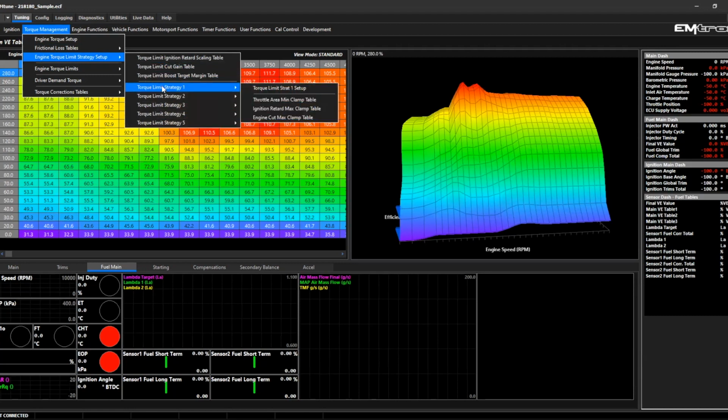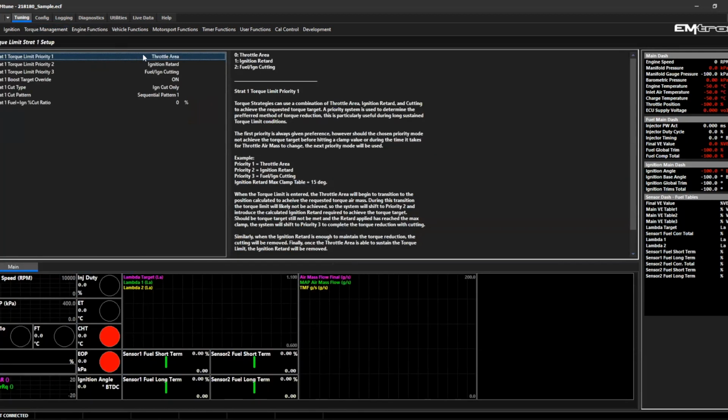So this is new. Now we have a menu system where you can pick strategies. We have up to 5 at the moment, which basically dictate how the ECU pulls torque from the engine. So you could potentially make this strategy a cut only type strategy, a retard only strategy, a throttle only strategy, or a combination of all 3.